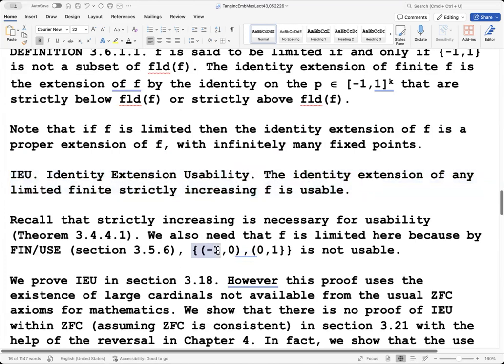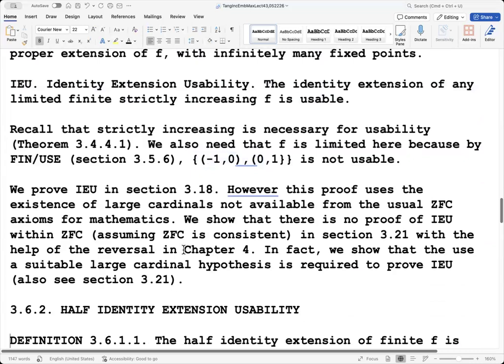It was shown already from fin use that this function, whose field has cardinality 2, is not usable. Okay, so we prove IEU, but we use all these large cardinals to do that, and it's reversed.